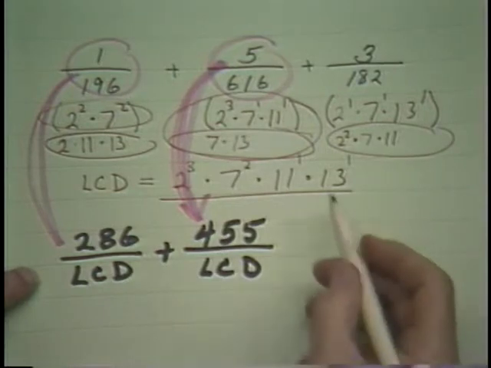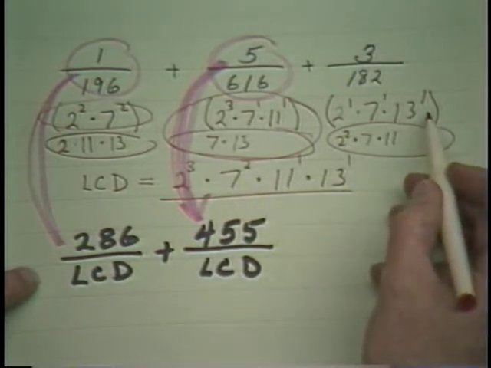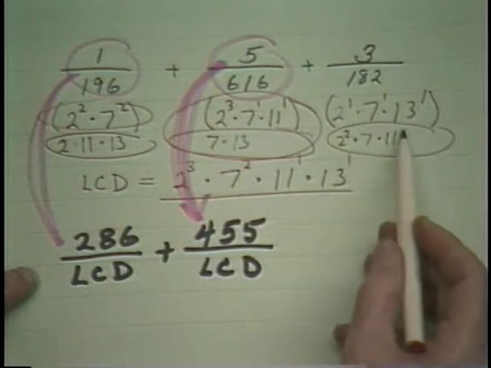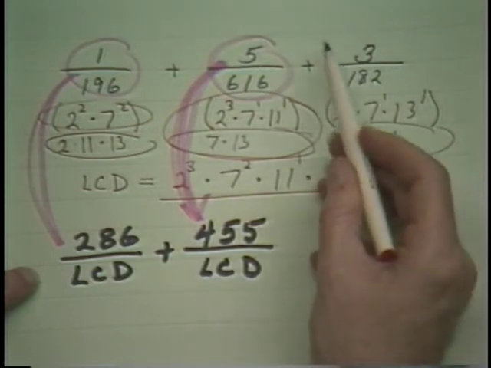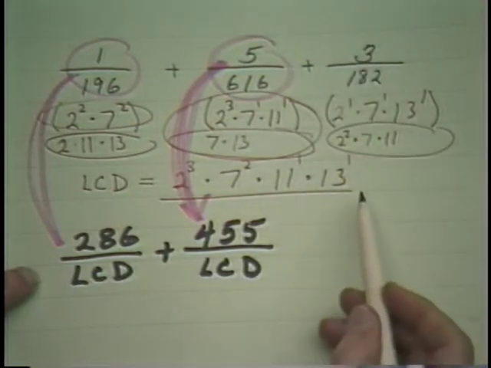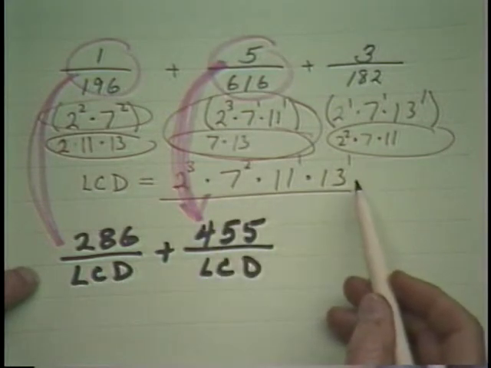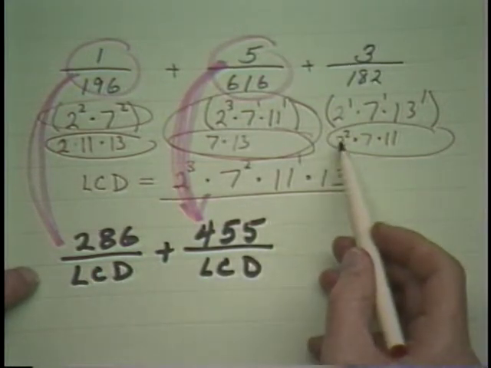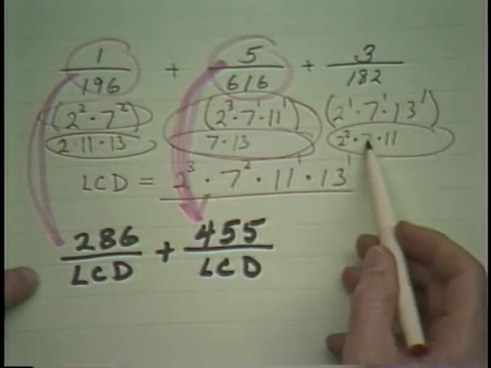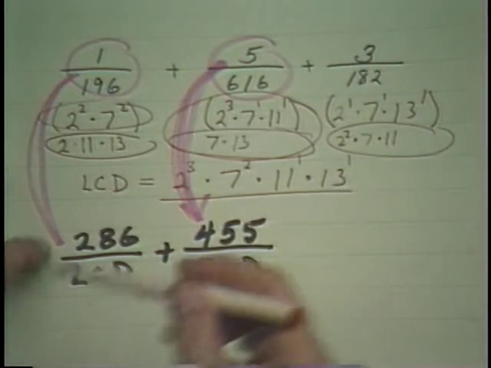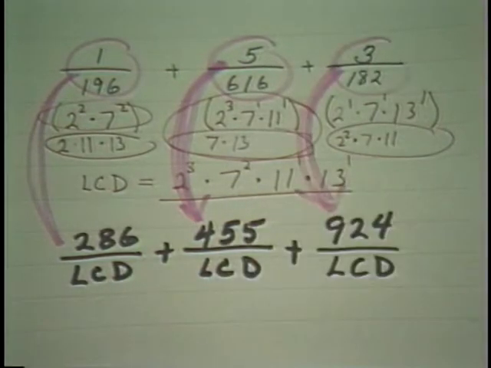This needs 13, this already has it. So this is what I need to multiply bottom and top by to make the bottom become this lowest common denominator. So taking that squared times that times that times the top, I would get 924 over that messy lowest common denominator.